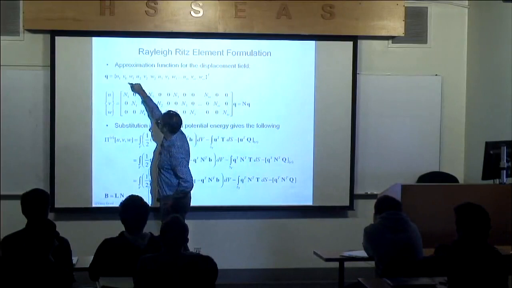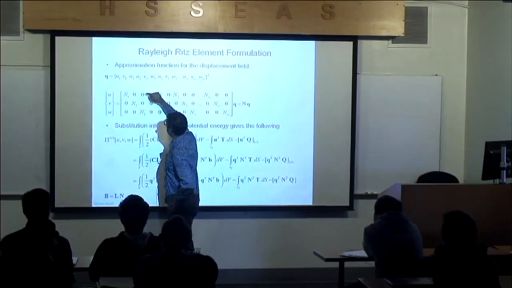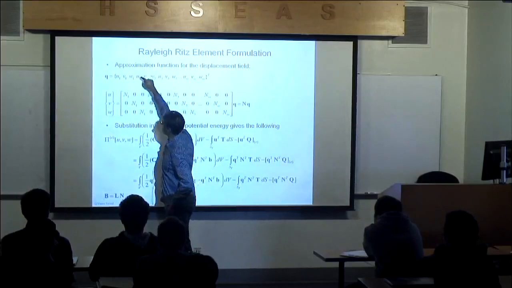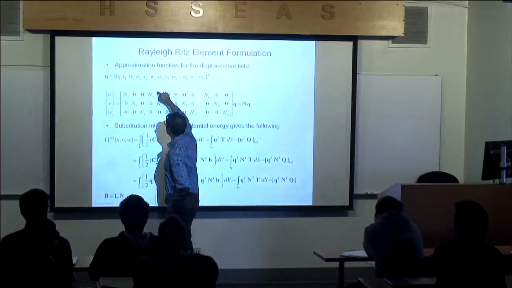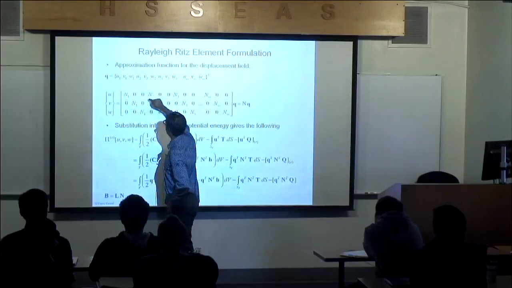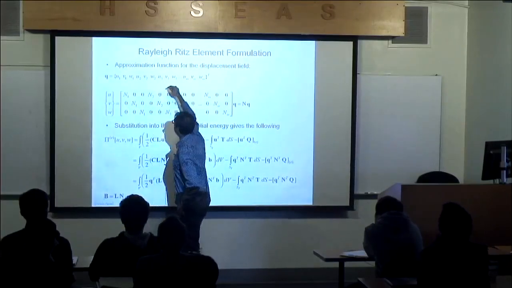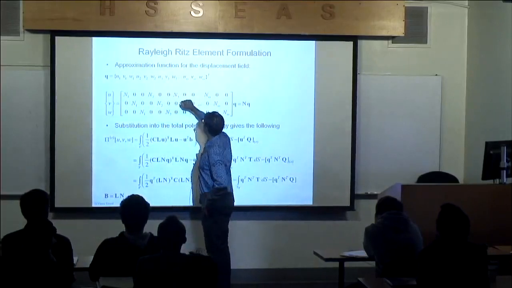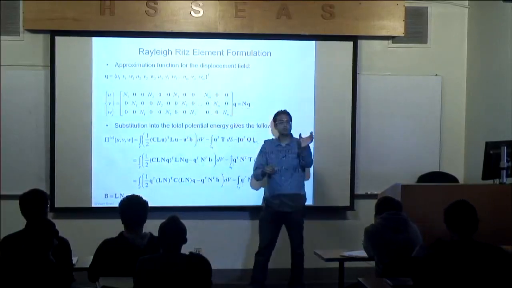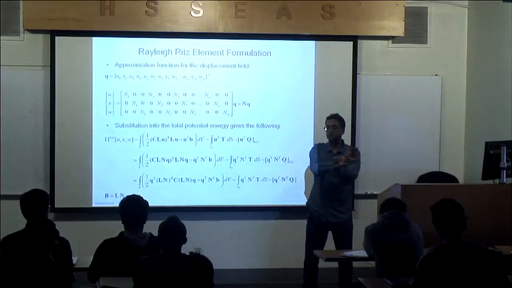Plus 0 times V1, agree? Plus 0 times W1, agree? Plus N2 times U2, plus 0 times V, plus 0 times W. So you can see that N1 times U1 plus N2 times U2 plus N3 times U3, etc., up to Nm times Um. So I have a bunch of shape functions for just the displacement U.